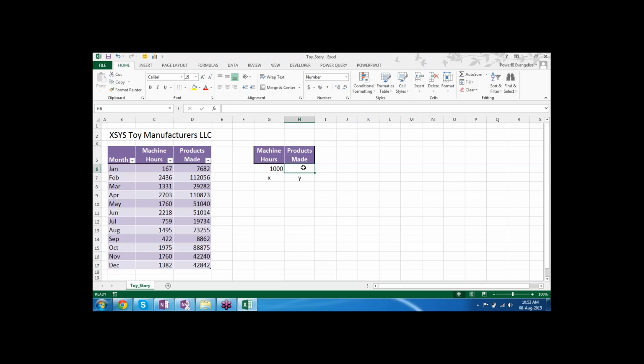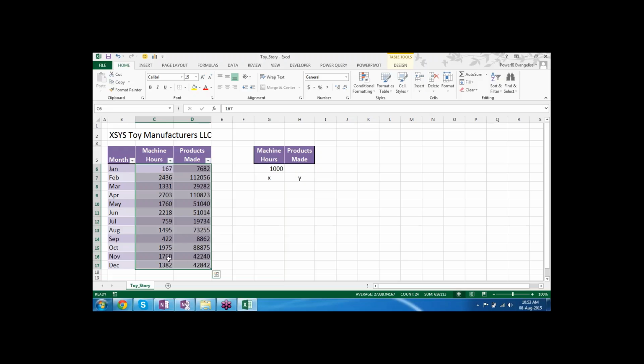Now, before doing the forecasting, I just wanted to make sure whether forecasting is worth it for this particular data. So how will you make sure? We actually create a trend line for this data. So let's have a look. How do we make a trend line? For making a trend line for any data points, you first of all select the data.